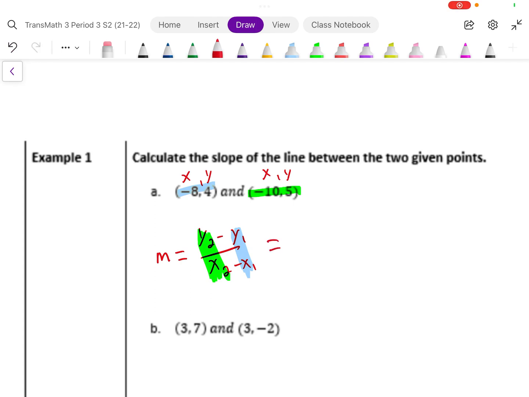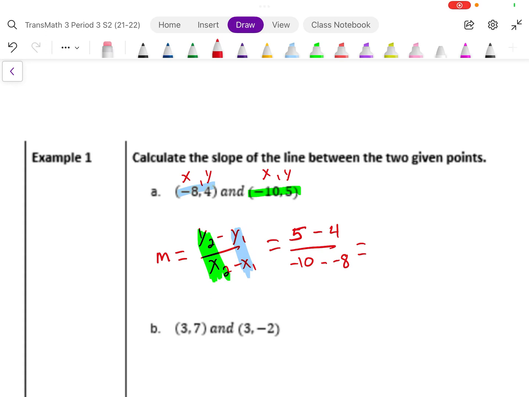If I was to go that route, you notice how I highlighted y2, x2: my y value there is 5, and the x value is negative 10. So stack that point on your equation. Those ones always go first, and then in the equation it's always minus, and the y's go on top: 4, and then negative 8.